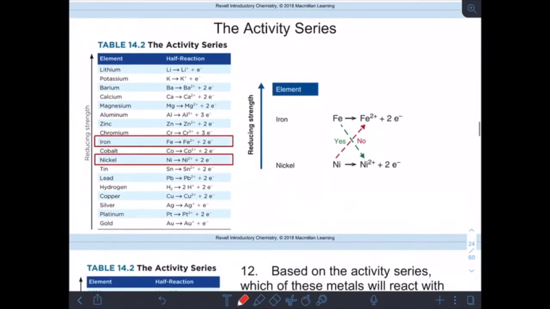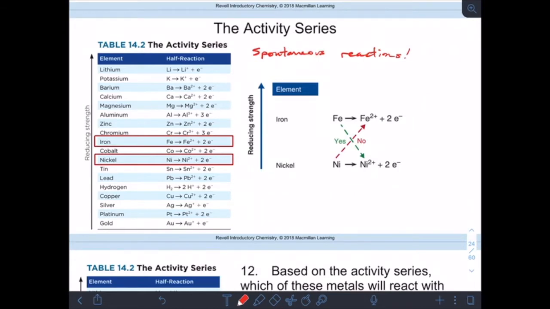So how that works is a thing called the activity series. And the activity series allows us to determine spontaneous reactions. Will a reaction happen all by itself?